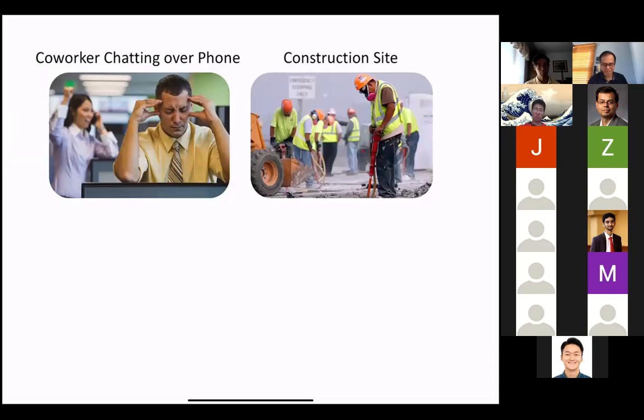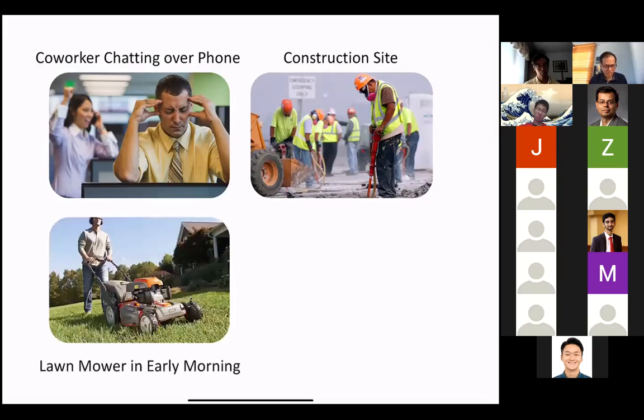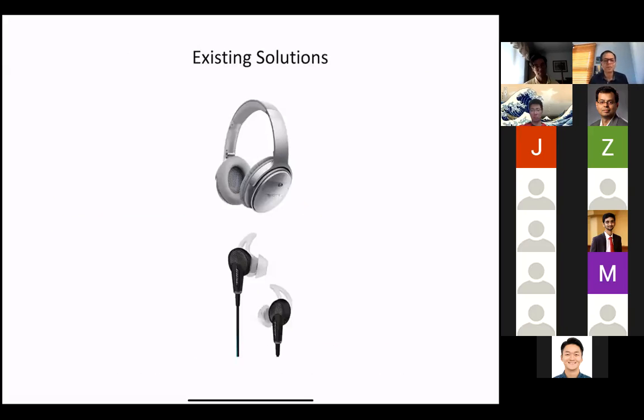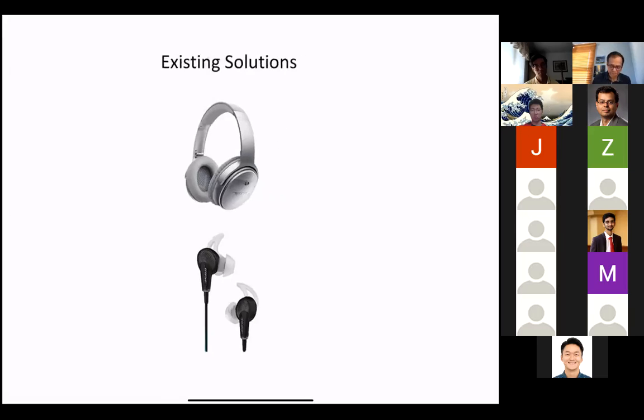These are presentation slides that some of my students created, so there are some nice pictures. Co-workers chatting over the phone, construction sites near your classroom, this 5 a.m. guy who wakes up and starts lawn mowing, busy streets in big cities. There's lots of noise everywhere. And today's solution is these headphones, right?